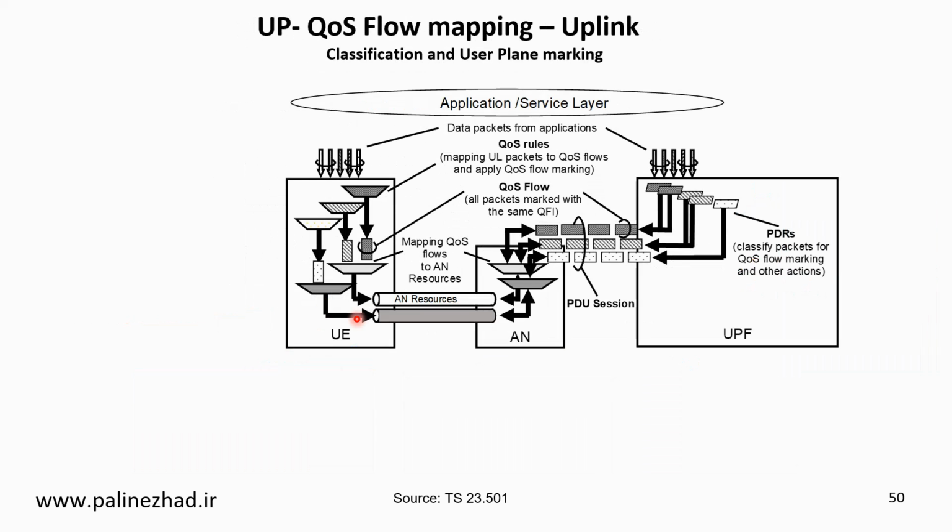Let's go and see what happens in the uplink direction. Here we have the same image, but we check it from left to right for uplink. We have UE, gNodeB, UPF, packet detection rules, QoS flows, and QoS rules.